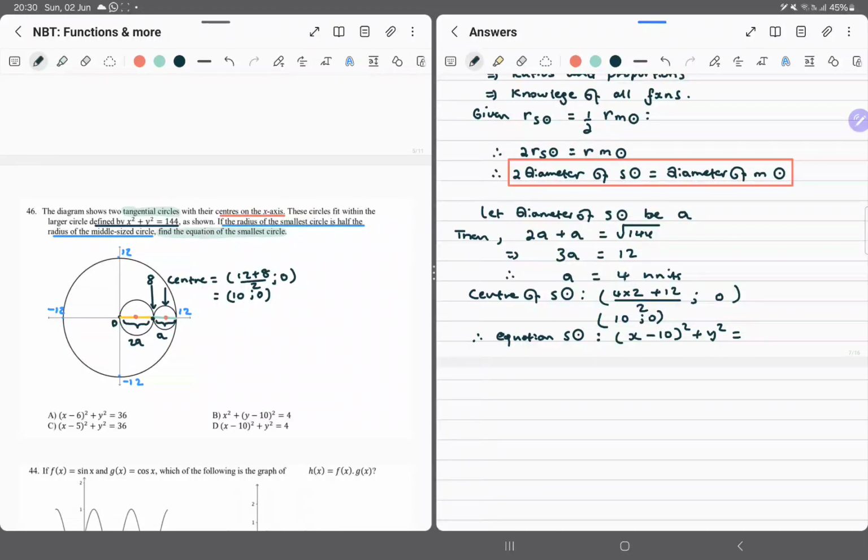Half of 4 is 2. R squared is going to be half of this diameter, which is 2. 2 squared is 4. So this is 4. Okay, we are done here. So that makes it option D.